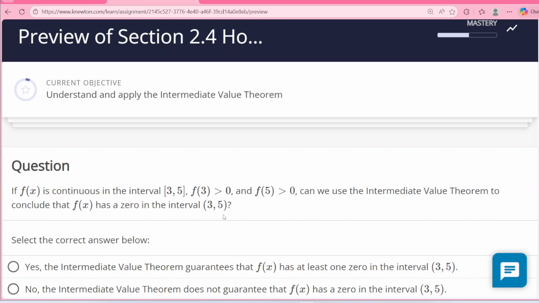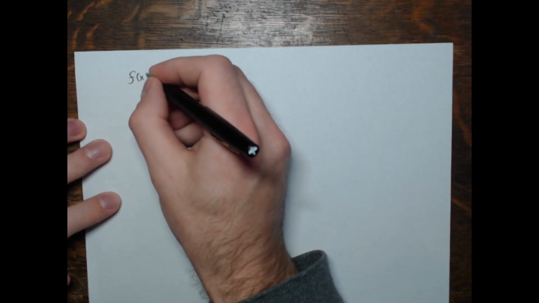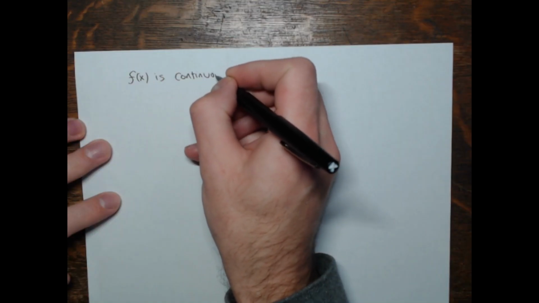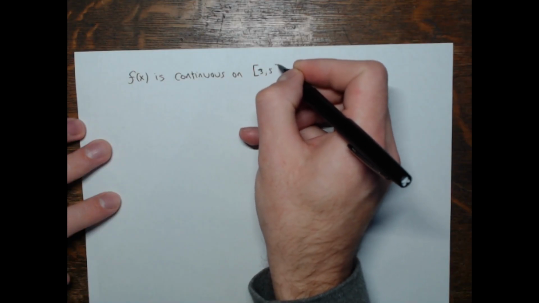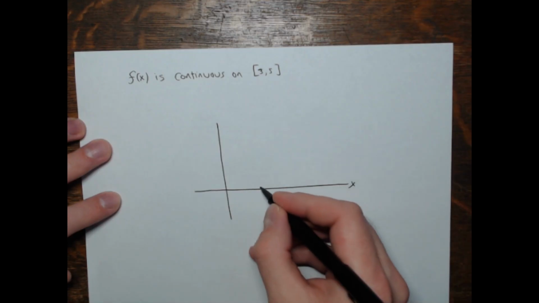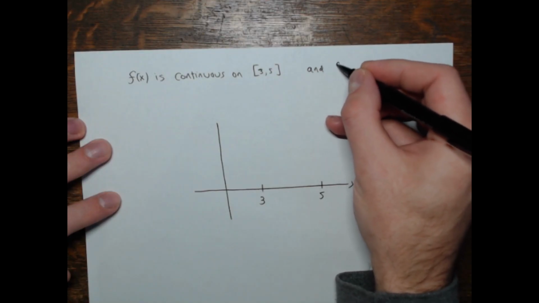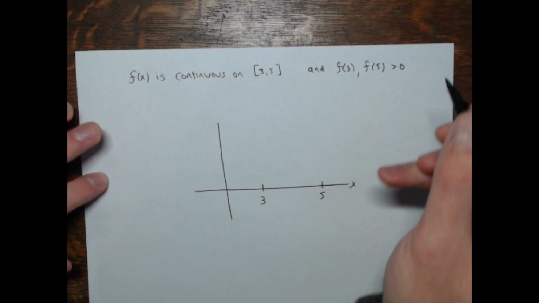And so I'll draw up the information they're given here. It's a little different question. So they're saying this function is continuous on this interval from 3 to 5. So here's x equals 3, x equals 5, and we're told that f of 3 and f of 5 are both positive.